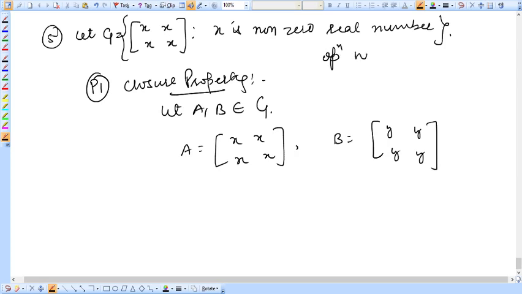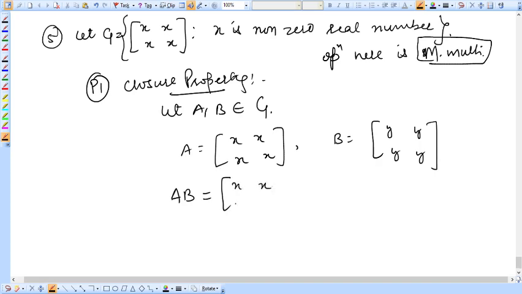Operation here is matrix multiplication. So A into B, what will we get? We will have to check whether or not A into B belongs to G. What kind of elements will come in G? 2x2 matrices whose all elements will be the same. Let us check it now.